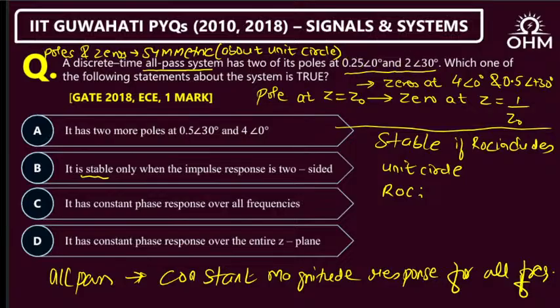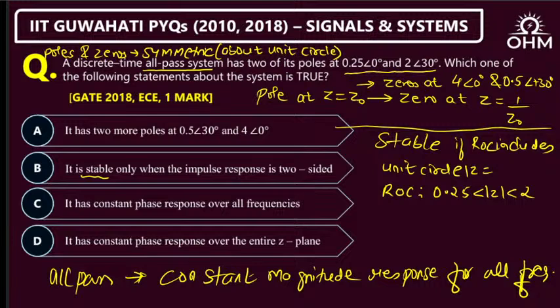The possible ROC mod z greater than 2 will not include the unit circle. Mod z less than 0.25 also will not include the unit circle. So you can take the ROC 0.25 less than mod z less than 2. If you take the ROC from 0.25 up to 2, 1 will come, right? Unit circle means mod z equal to 1.